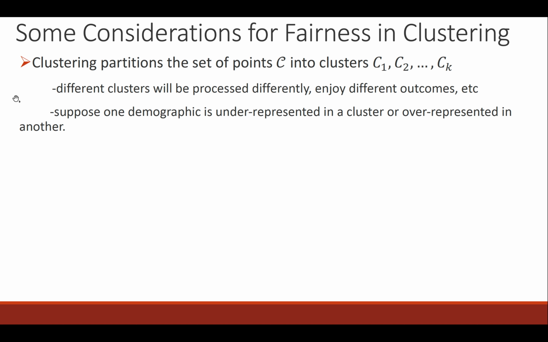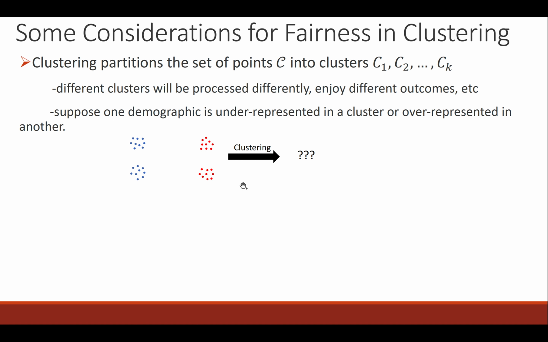Another thing to think about in clustering is that clustering partitions the set of points into a collection of clusters, so C1 up to Ck. Different clusters will be processed differently. They will receive different outcomes and possibly different allocations. So let's say that we were doing clustering over this dataset where different colors indicate different demographics. So we have two demographics, red and blue.